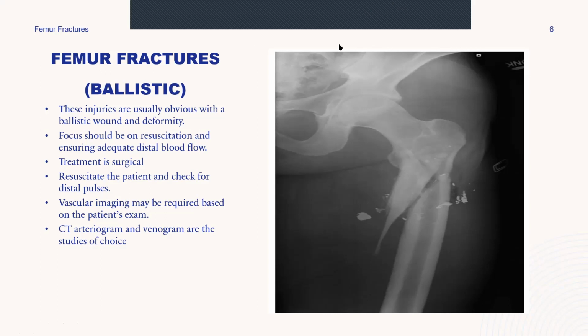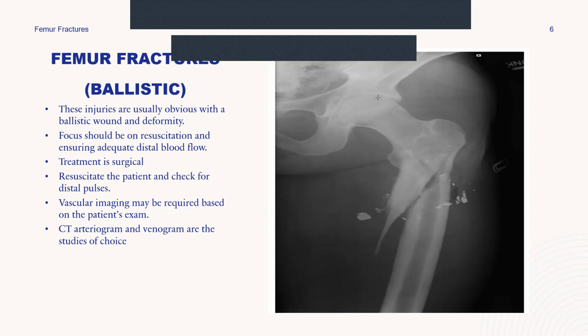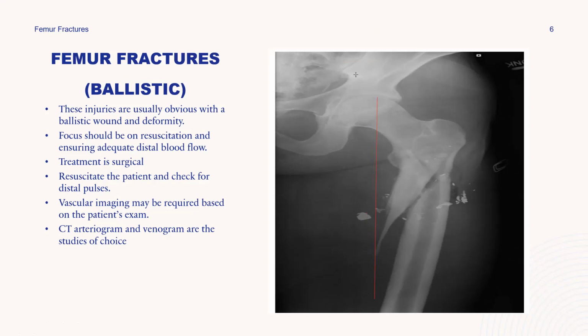So remember that you've got your artery running just there as well. You remember you've got your femoral artery running on this side. You've got your femoral vein running over there, just next to that.